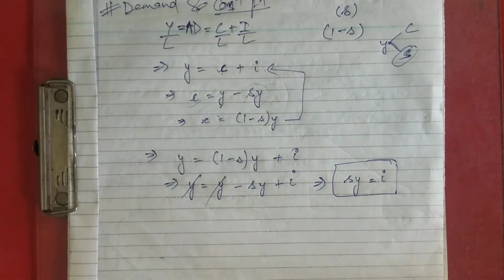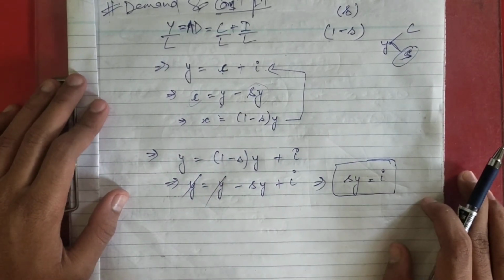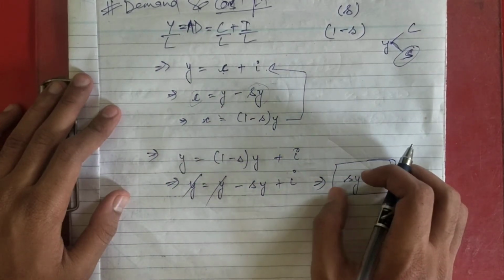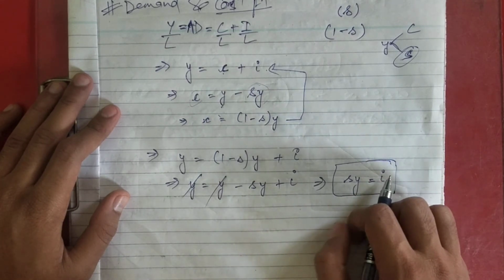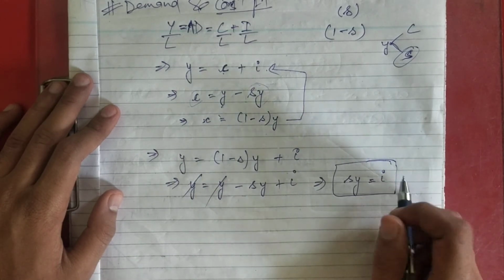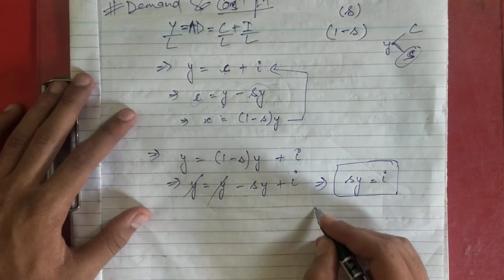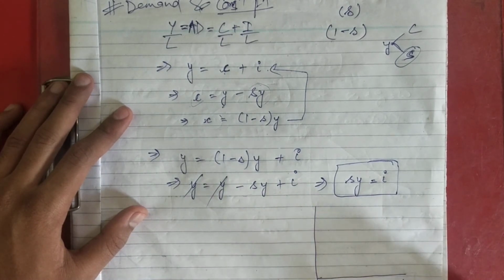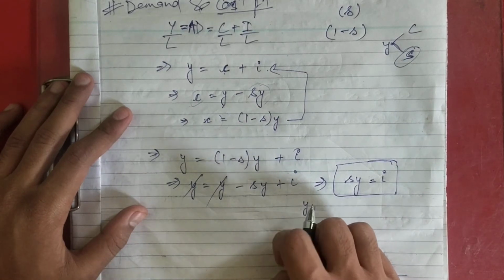So now we will plot this consumption function in the diagram. We got the equation I is equal to sy. If you want to calculate the slope of this function, you can differentiate with respect to small k, because on the x-axis it is capital stock per worker, and on the y-axis it is output per worker.